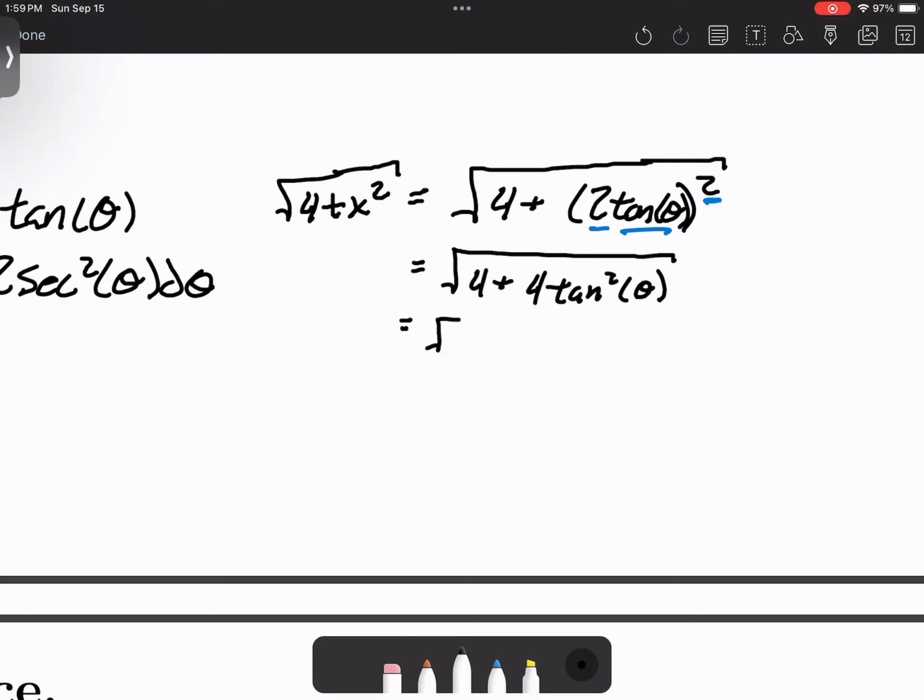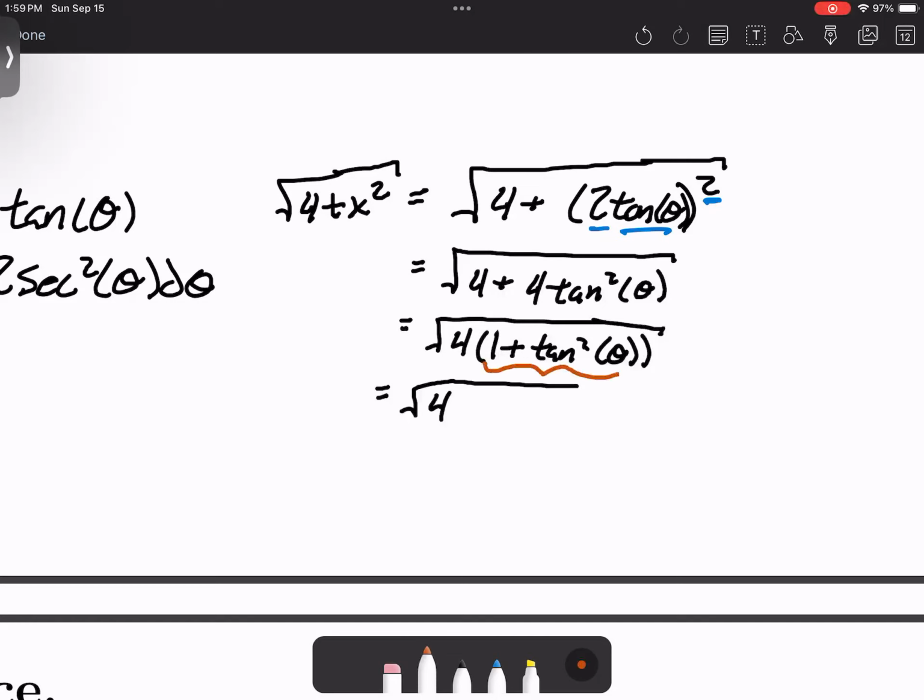And I can pull a 4 away, leaving us with 4 times 1 plus tangent squared of theta inside that square root. And if you're good with your trig identities, you can recognize that 1 plus tangent squared as a secant squared. That's why tangent was the correct choice.